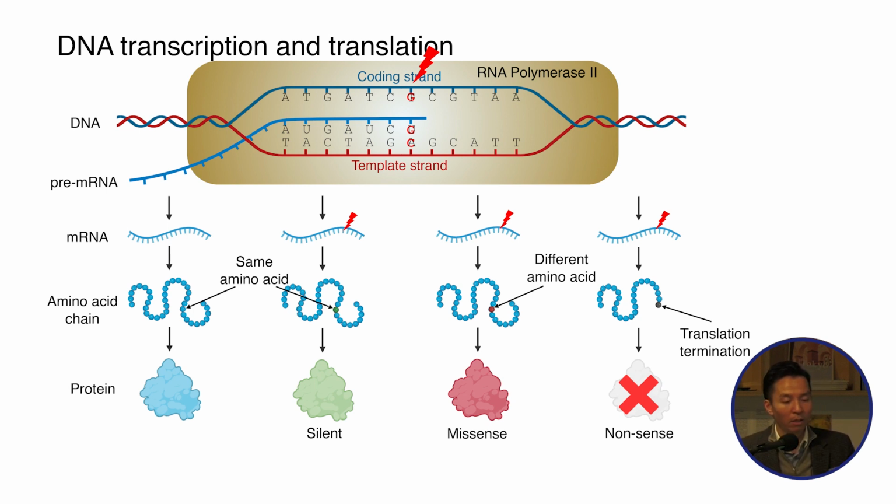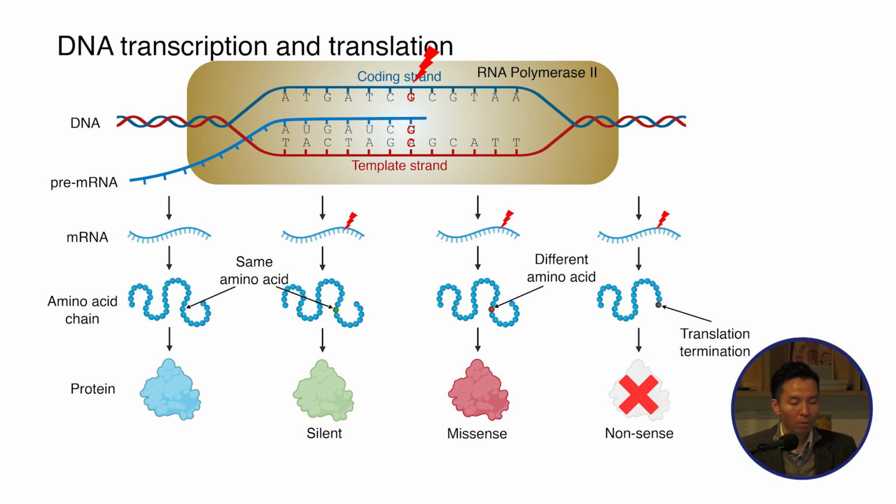Our DNA has a helical structure consisting of 2 linear sequences of A, T, G, and C, and here the RNA polymerase, a multi-protein complex, unwinds DNA and synthesizes premature messenger RNA using the template strand of the coding sequence, which is actually a copy of the DNA sequence.